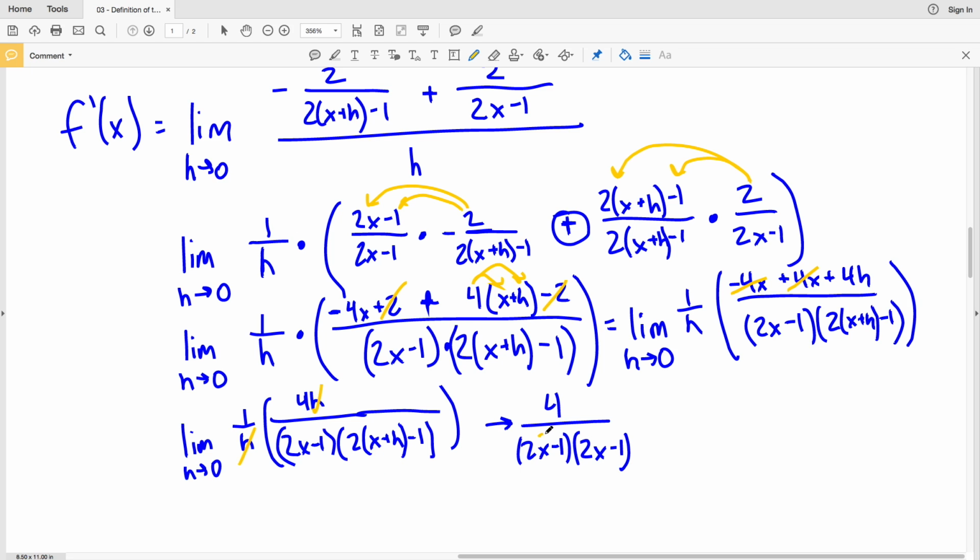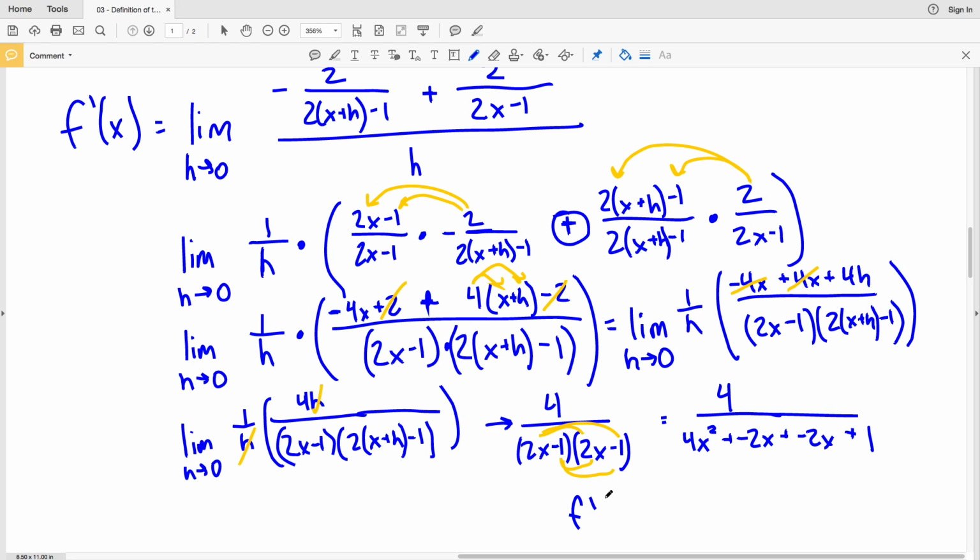And now expanding my denominator, I'll do first, outside, inside, last. So that's going to be 4 over 2x times 2x is 4x squared, plus 2x times negative 1 is negative 2x, plus negative 1 times 2x is negative 2x, and then I'm adding negative 1 times negative 1, which is a positive 1.